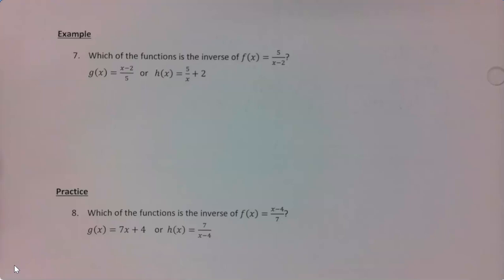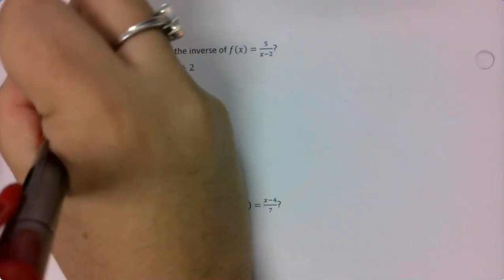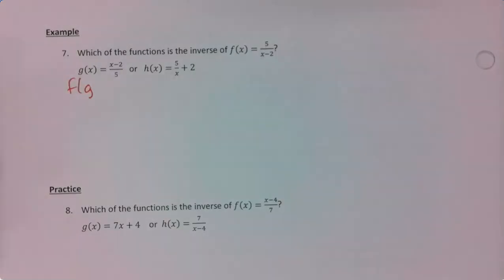Okay, so number 7 wants me to see which function is the inverse of f of x. So I am going to plug in both of these and then see if I can figure it out. So first one I'm going to do is f of g of x. I wanted to do this in blue.